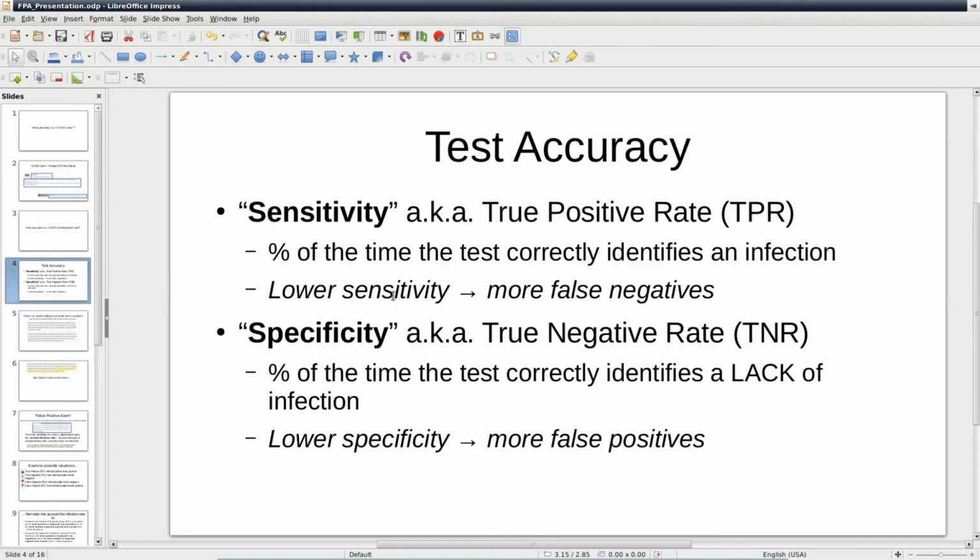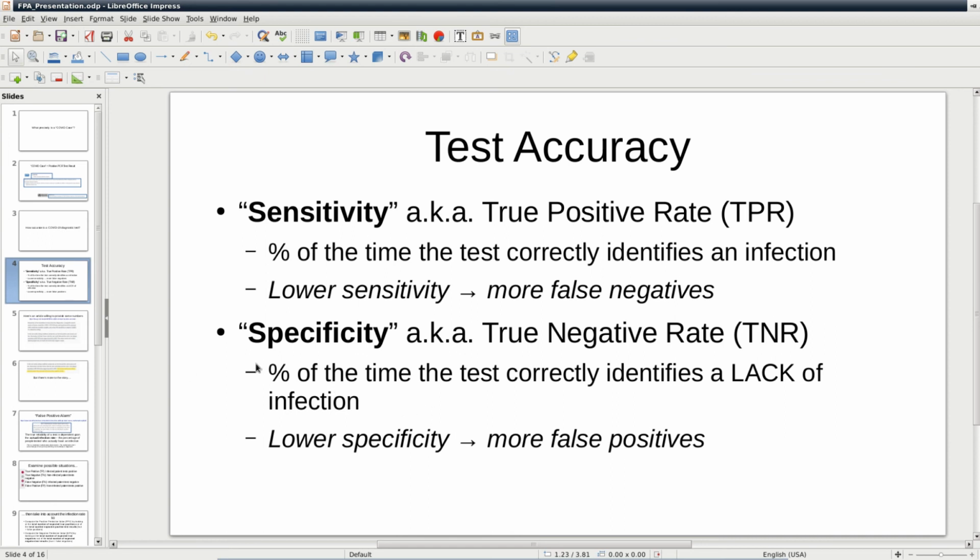So a lower sensitivity, a lower true positive rate, means you're going to get more false negatives. And on the other side, a lower specificity means you're going to have more false positives. You kind of have to think about it for a little while to see the distinction, I feel like, to fully grasp it.